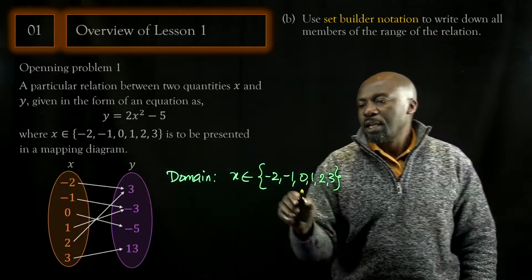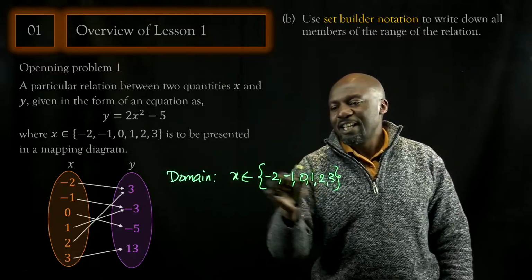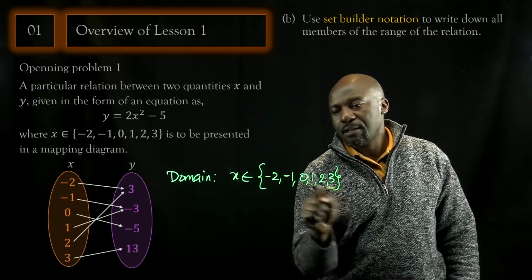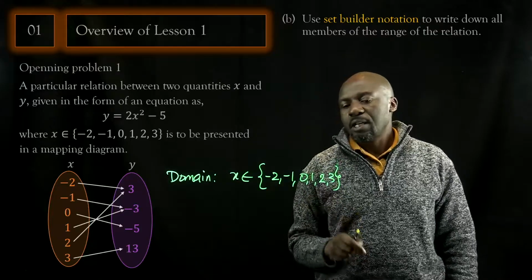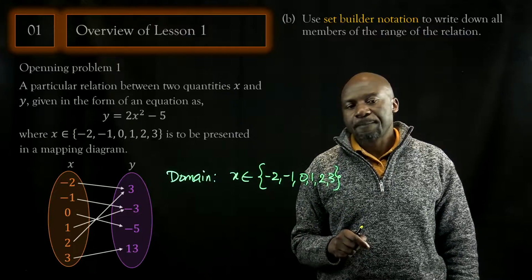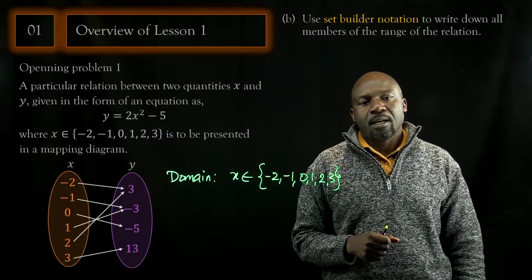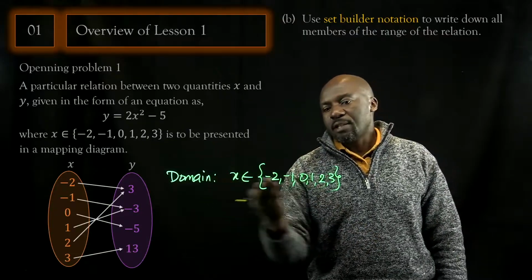So this is representing the domain in a set. The 2 squiggly brackets indicate that this is a set. Okay, so that's how we represent the domain using a set builder notation.